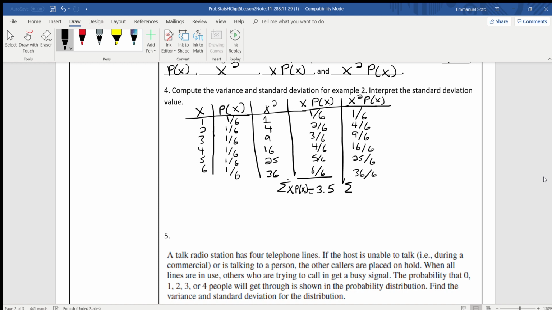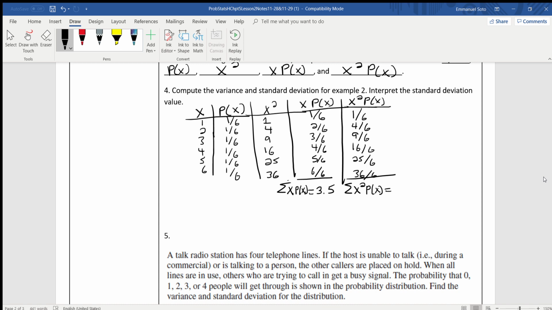Now we have to do the sum of x squared times p of x, so we have to add up all of these. We got 36 plus 25 plus 16, all that. I'm going to do that on the calculator real quick. 36 plus 25 is 61, 61 plus 16 is 77, plus 9, plus 4, plus 1.